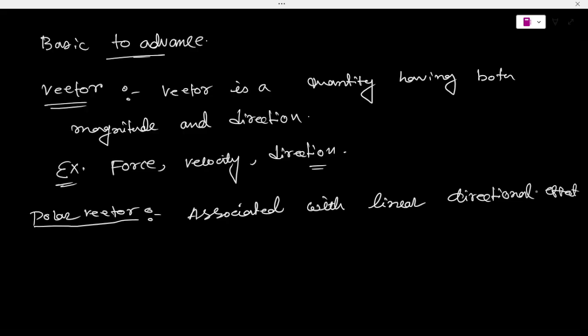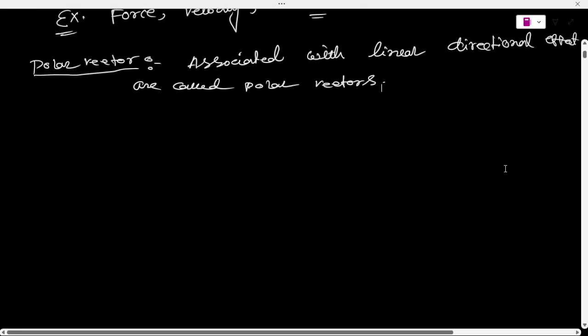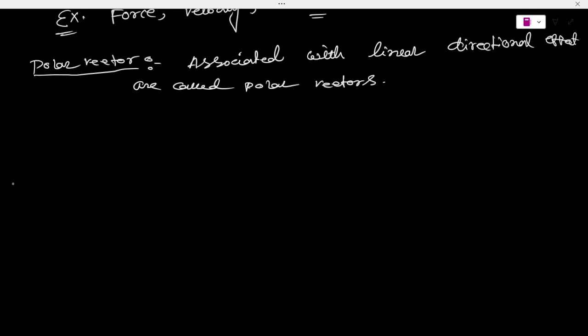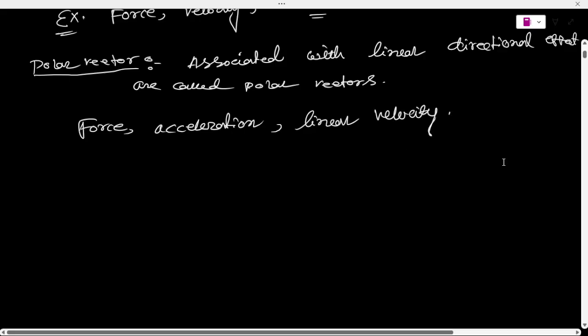Linear directional effects are called polar vectors. And the examples of polar vectors are force, acceleration, and linear velocity. Okay, this is polar vector.